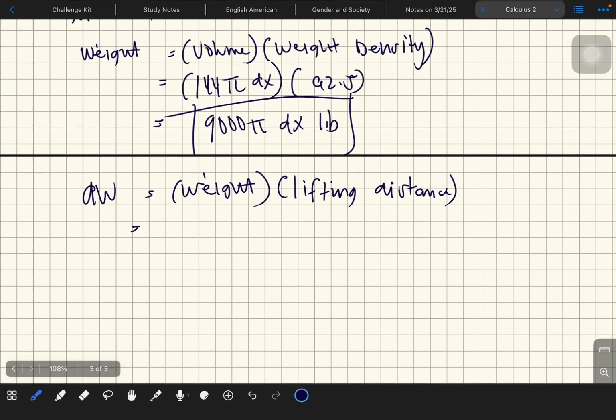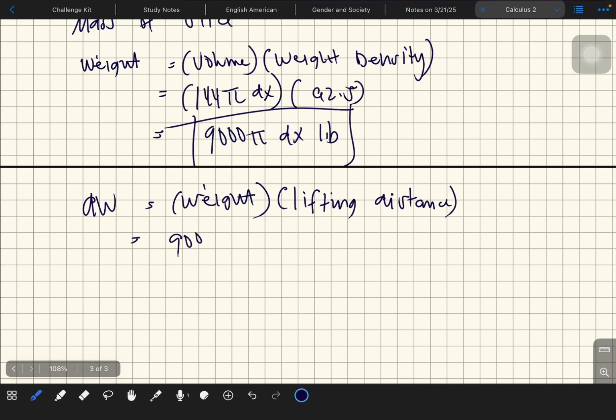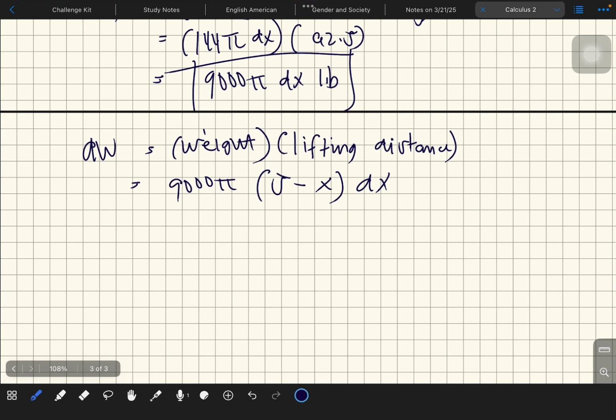So what is our weight? Our weight is 9,000 pi dx, and then the lifting distance is 5 minus x. Don't forget the dx.